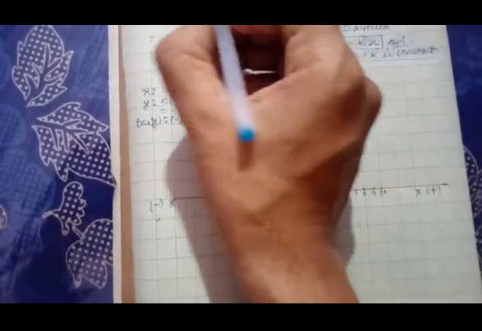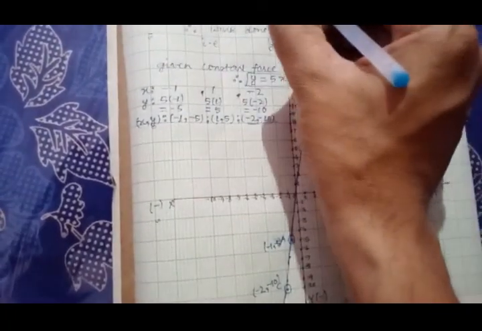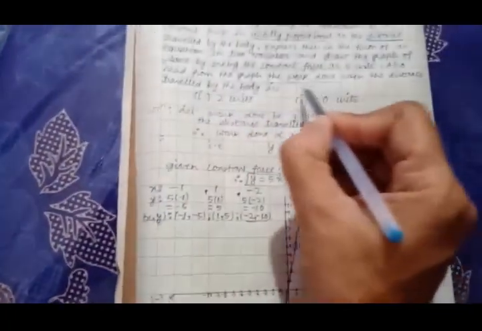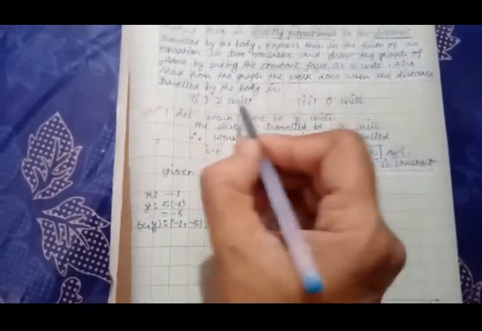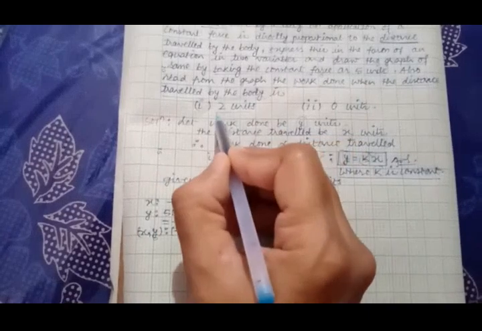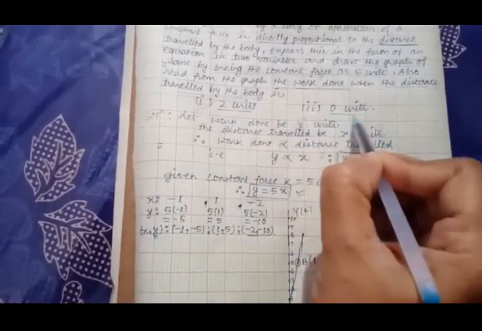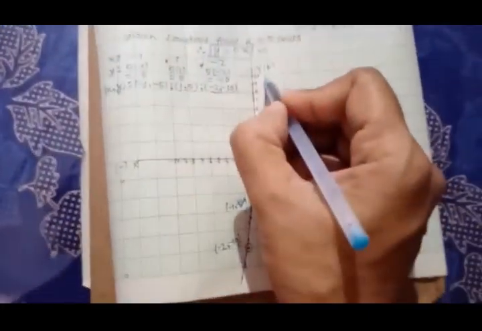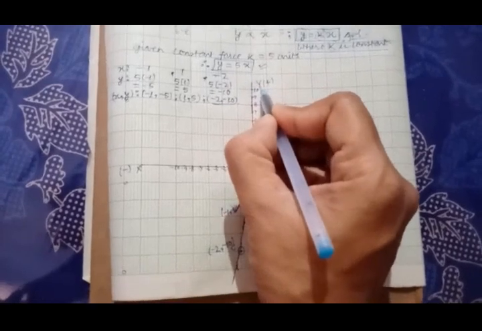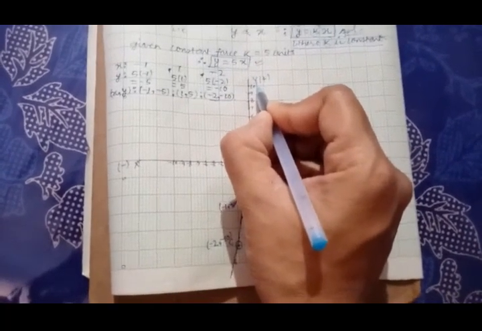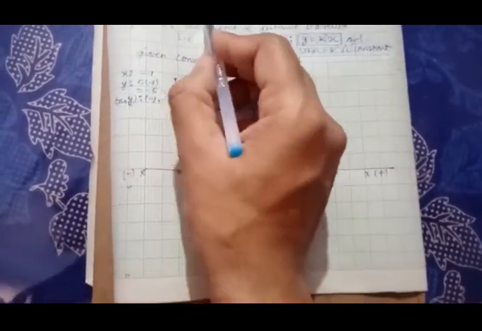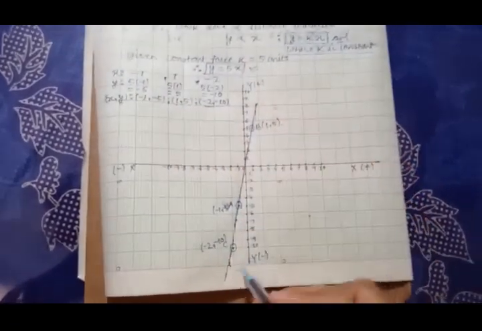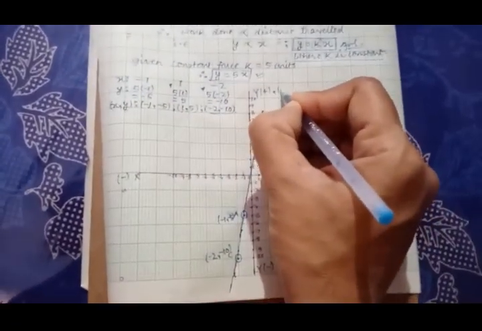Thereafter we have to find the work done when the distance traveled by the body is 2 units and 0 units. Here you may observe that y is the coordinate used for work done, so along this vertical axis we are representing work.